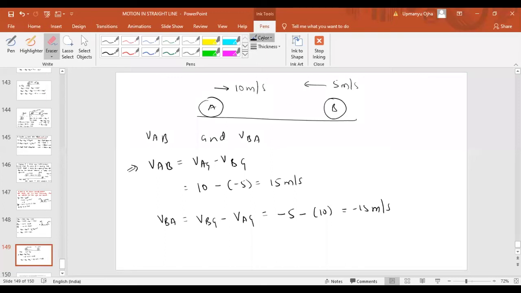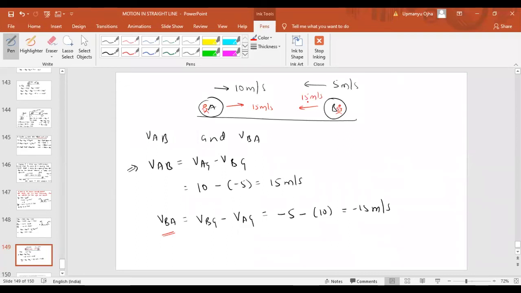If you are the observer at B, you will think that A is moving towards you, on the right side, with the speed of 15 meter per second. Now, if you are the observer at A, you will observe that B is moving towards you, in the negative direction, with the speed of 15 meter per second. That is what relative velocity means.